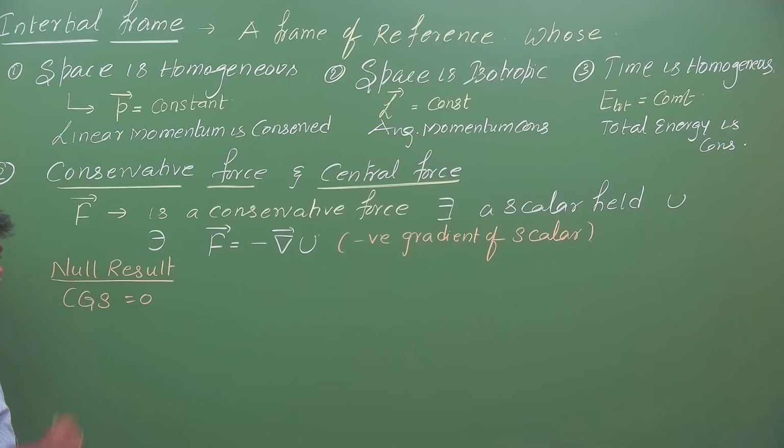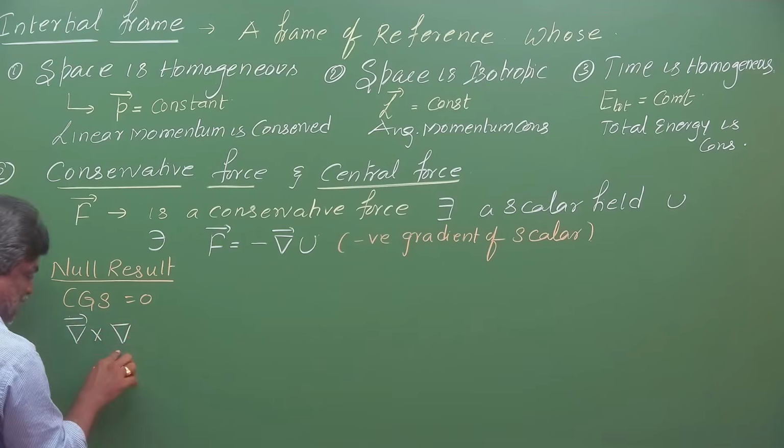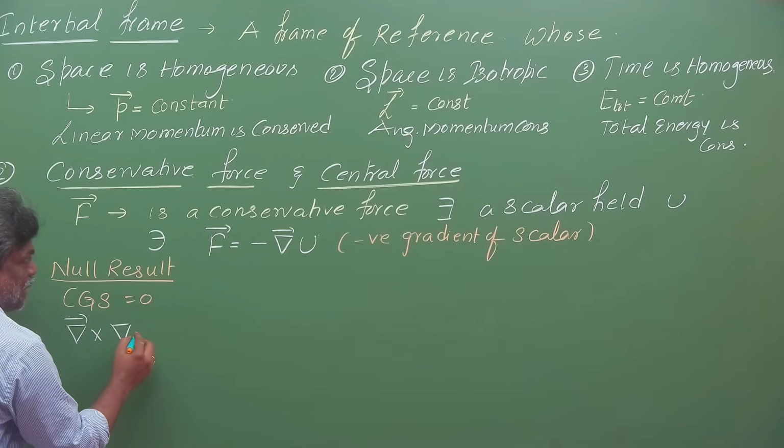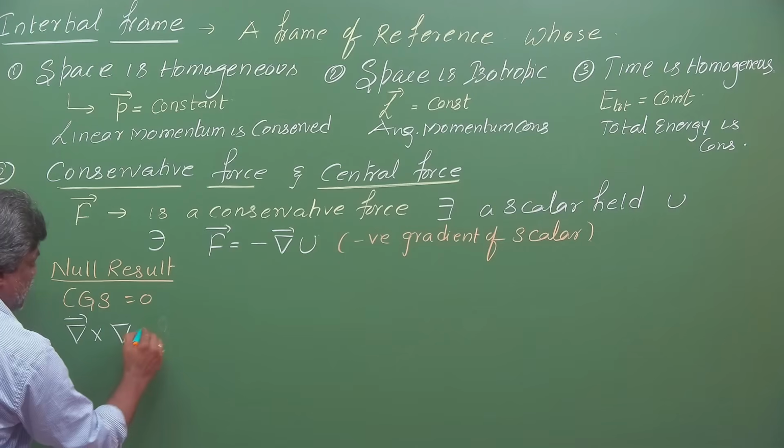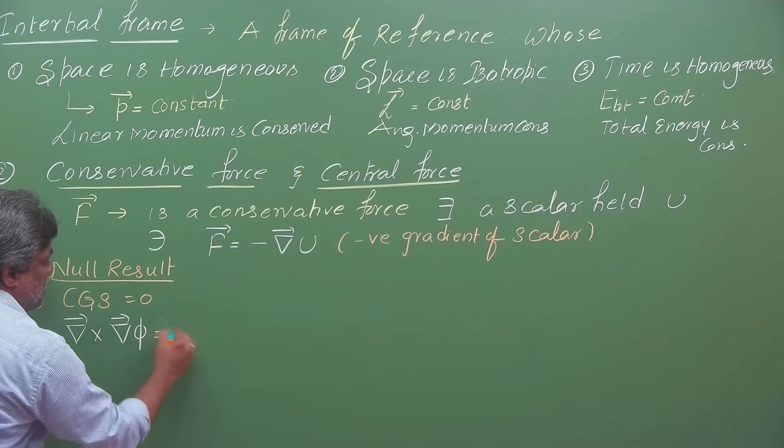C for curl, G for gradient, S for scalar combined: curl of gradient of scalar, that is del bar cross del U, equals 0.